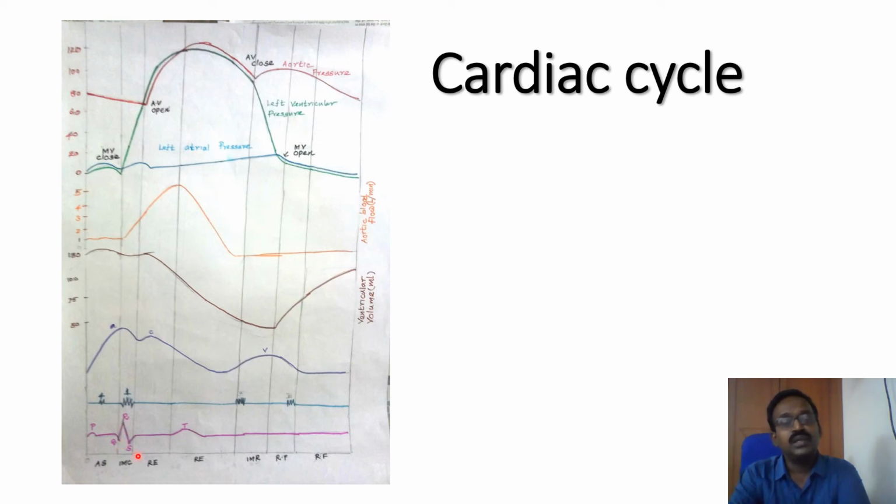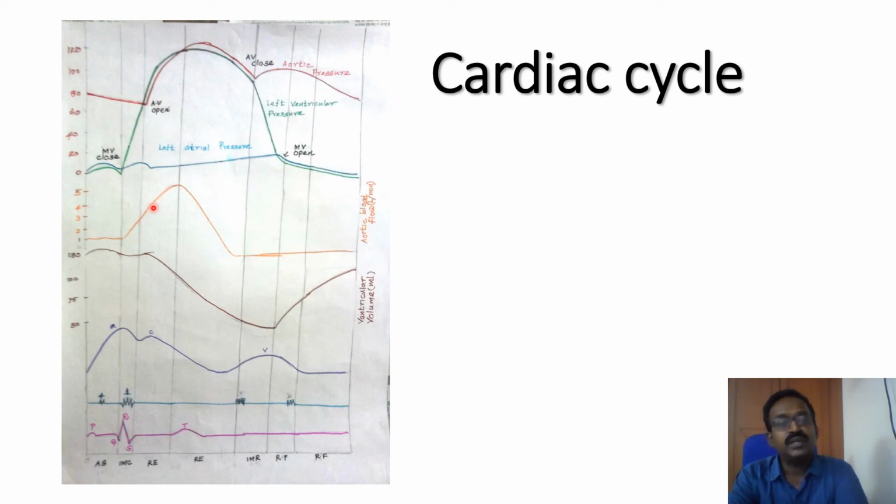So in the rapid ejection phase, it starts with the AV valve open, the atrioventricular valve, mainly the mitral valve. The aortic valve is open, so blood flows through the aorta.